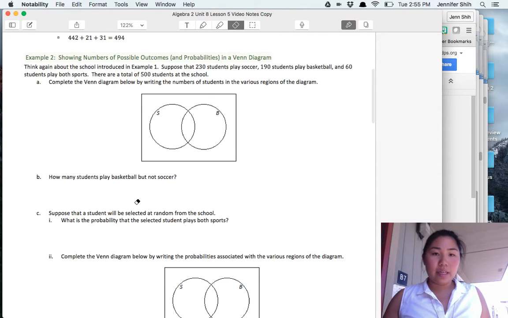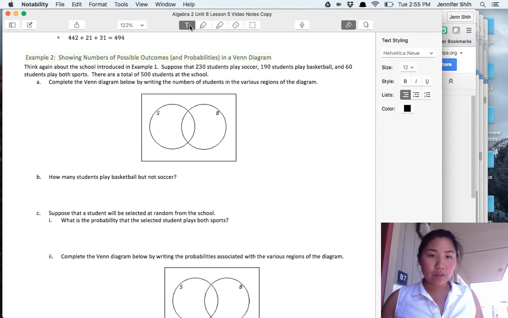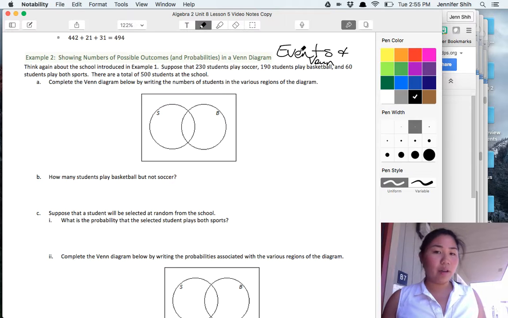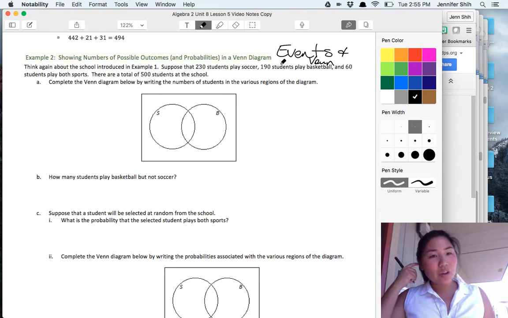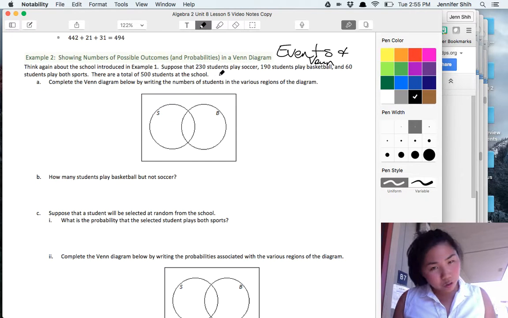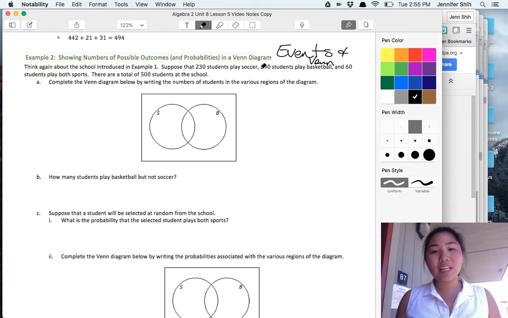This is, again, as a reminder, from lesson 5, events and Venn diagrams. So we are going to think about the school in example 1, our last video. Suppose that 230 of those students play soccer, 190 play basketball.